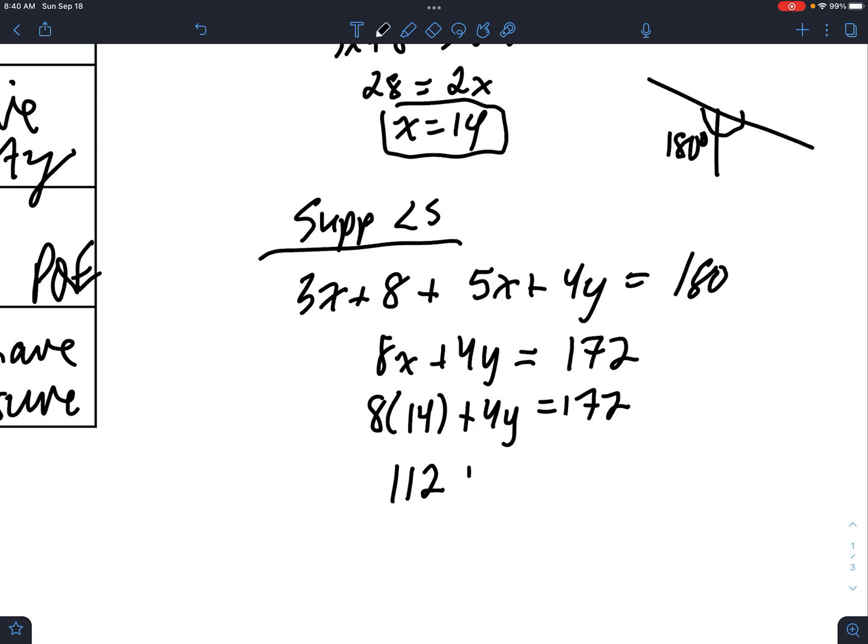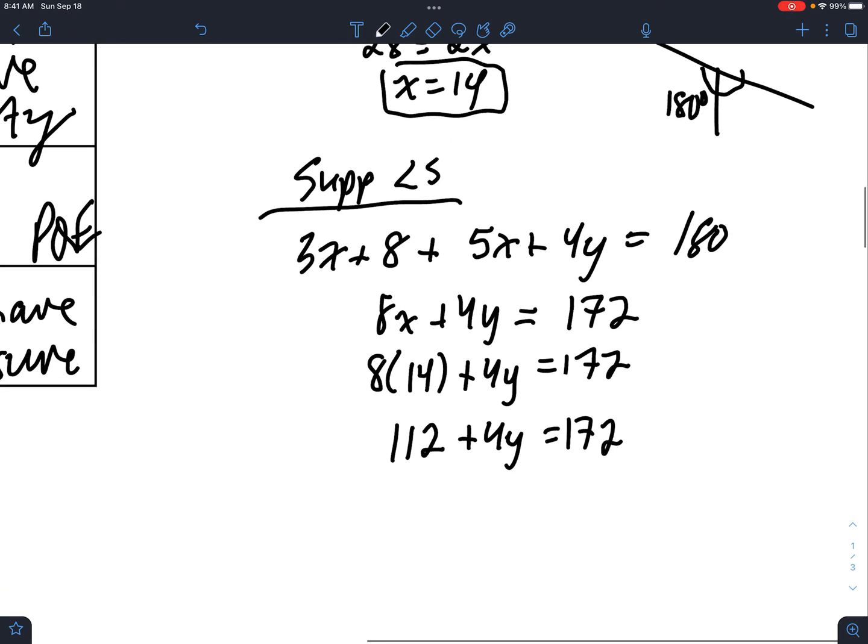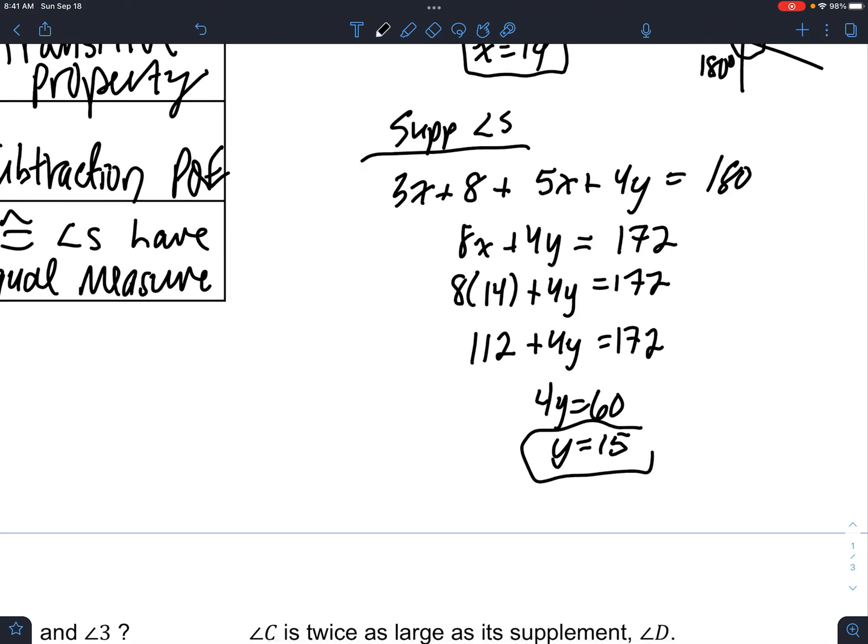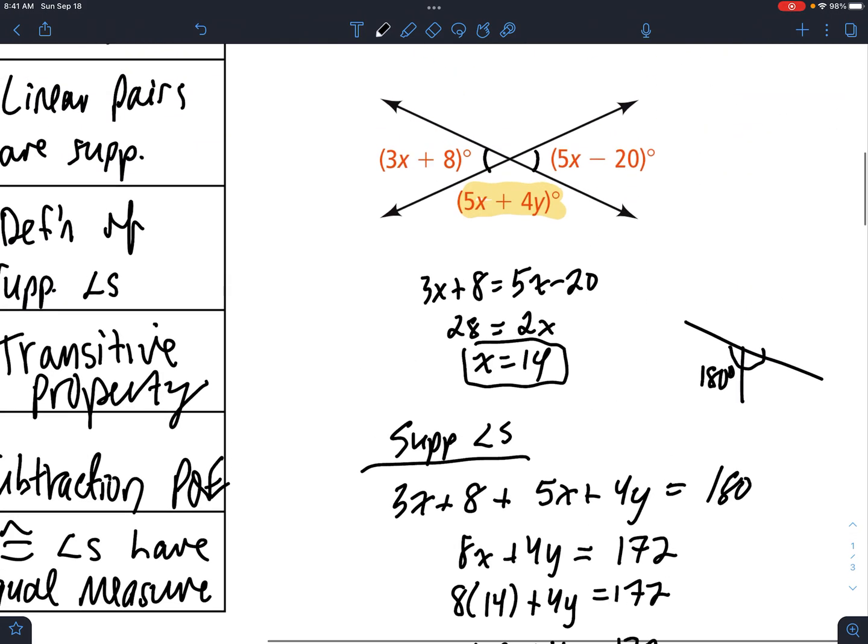Yep. Kind of a bit of work, but we're just setting up supplementary angles and solving, plugging in what we know. Okay. So a more complicated picture, but we just applied vertical angles and then we applied supplementary angles.